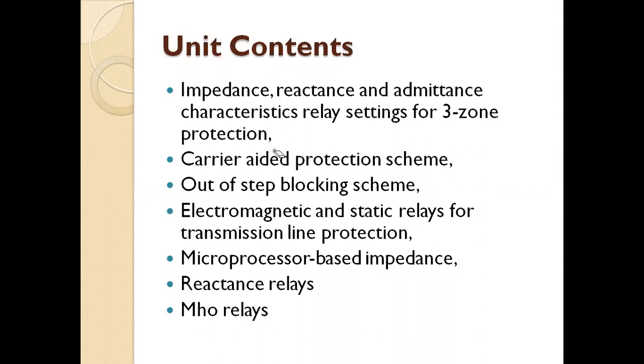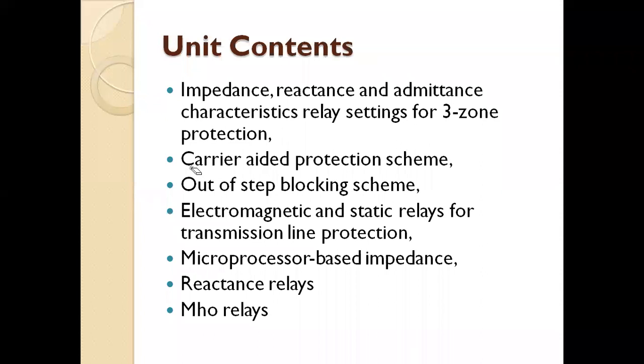In zones of protection there are different zones, and there are two types of protection. First is the primary protection and second is the backup protection. Backup protection means, just like our inverter, when the power supply cuts, the second one will work. So it is the backup protection.